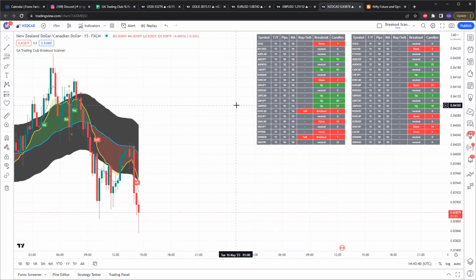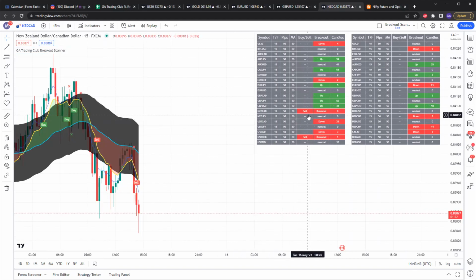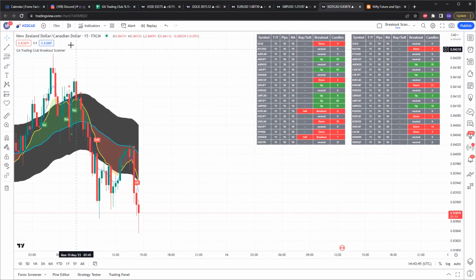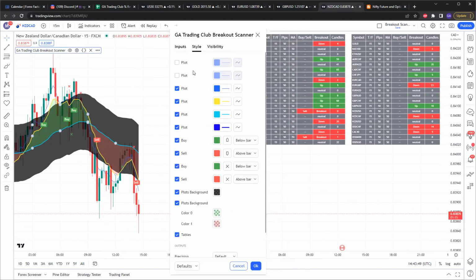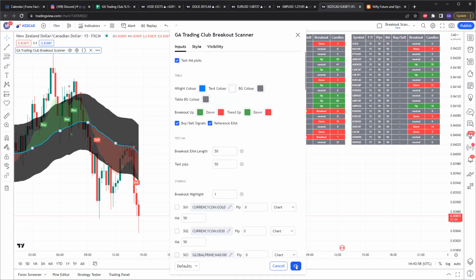So right here, I can see that we have a sell on NZD CAD on the 15-minute time frame. Now let me go ahead and clear some of the things in here so that I give you guys the logic of this indicator. I'm not interested in these plots right here, I'm only interested in this one. If we look at the settings, the breakout EMA length is 50.